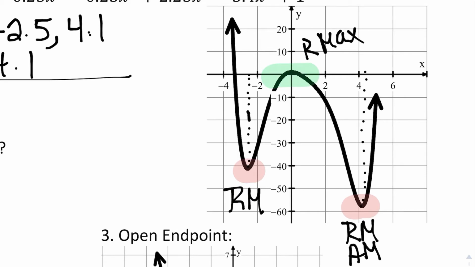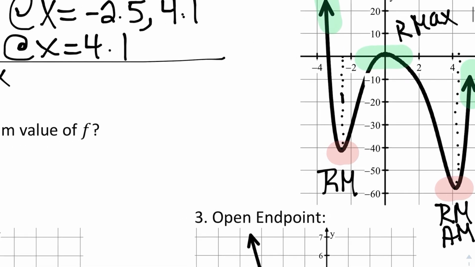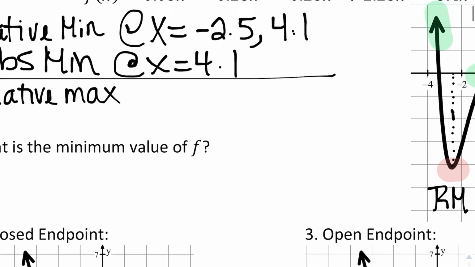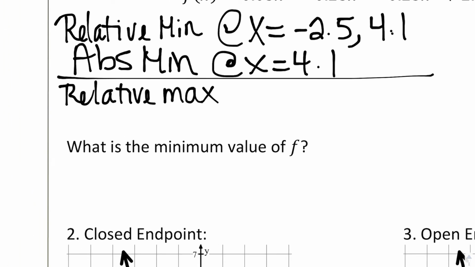Is this the highest point on the whole graph? No, because we're going up to infinity on both sides. So that point is a relative max, which is happening when x is 0, but it's not an absolute. So relative max at x equals 0, but no absolute max.